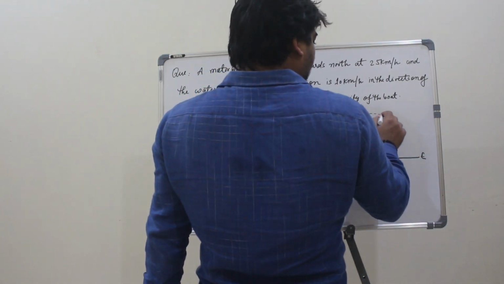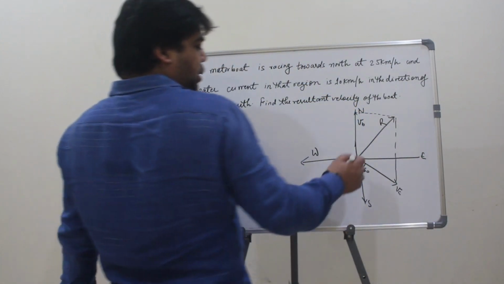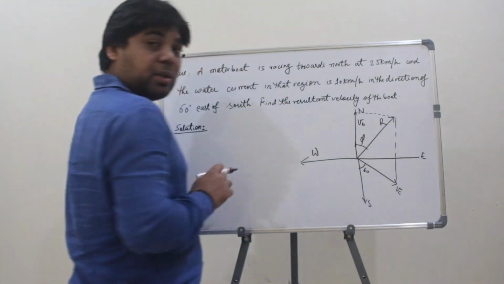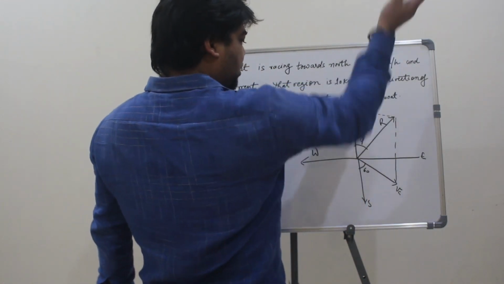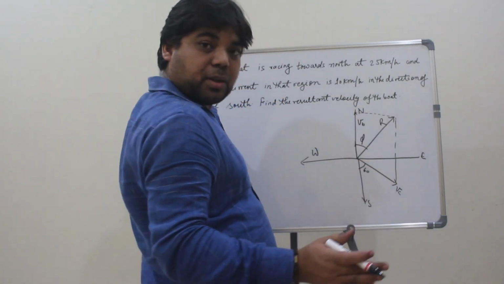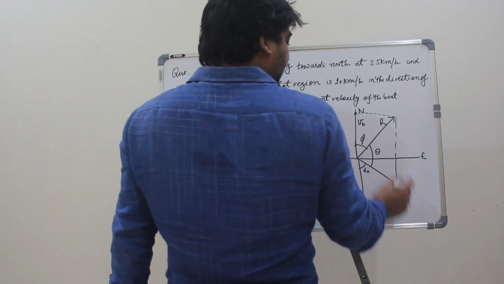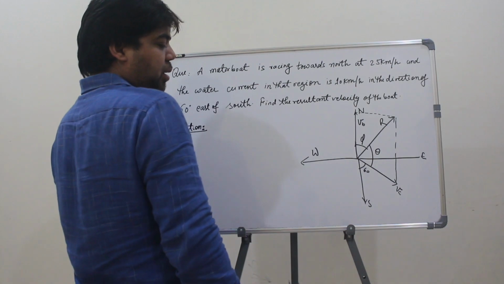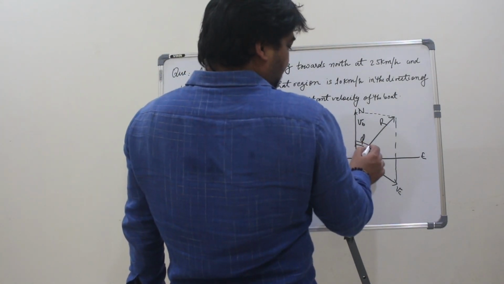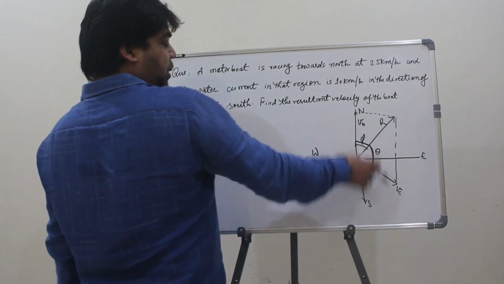Now this resultant is making some angle here and some angle there, right? Now there is an angle phi here, which the resultant velocity makes with the velocity of the boat, and this is angle theta, which is the angle between the two vectors, right, VB and VC.